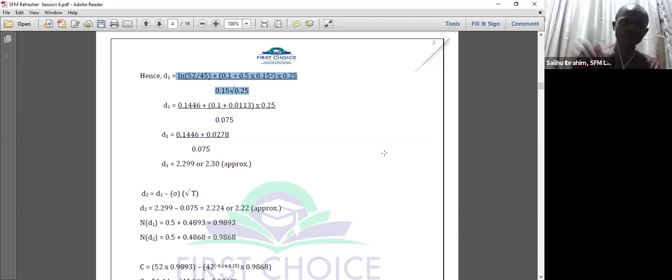After opening the bracket, put 52 all over 45. Close the bracket and press equal to. What do you have? 0.1446 to 4 decimal places. Did you have the same thing? Let me see your response. One thing is to know this. Another is to know how to punch your calculator. If you don't know how to punch your calculator, then you will get it wrong.